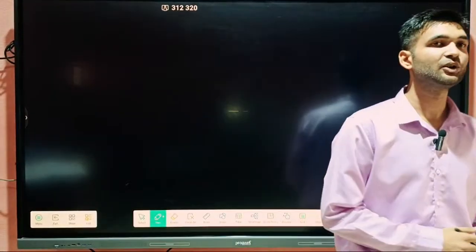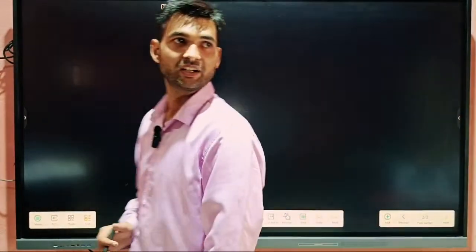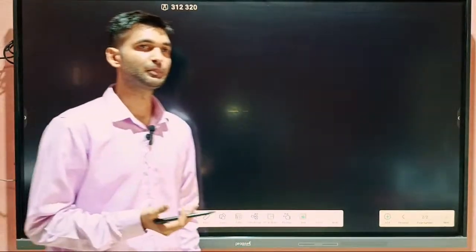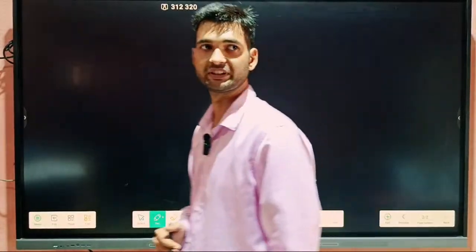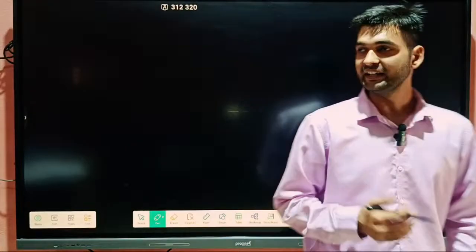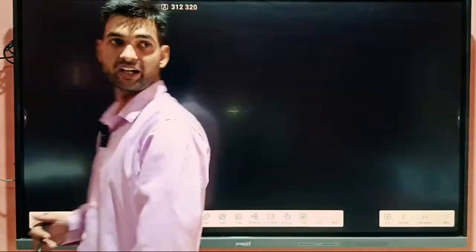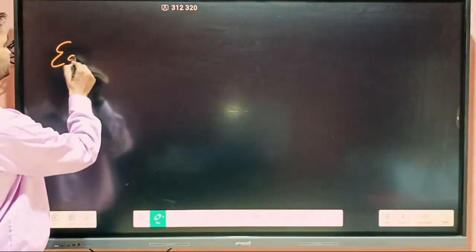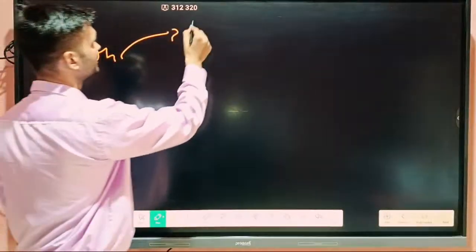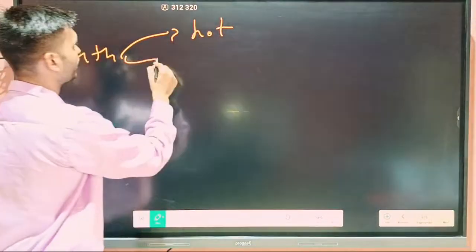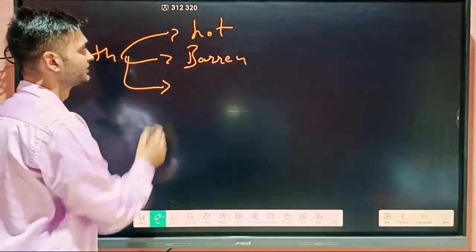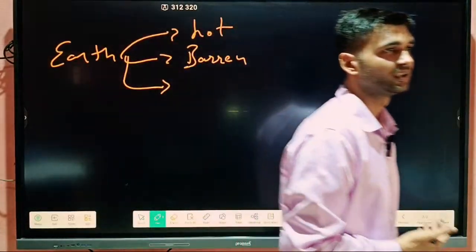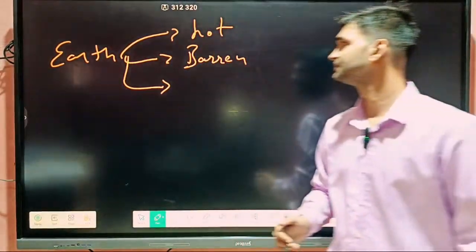As we can see now, roughly the atmosphere of Earth is composed of 78% nitrogen and around 21% oxygen, approximately. But it was not always so. In the initial phase, the Earth was hot, barren. Barren means banjar, without any vegetation.